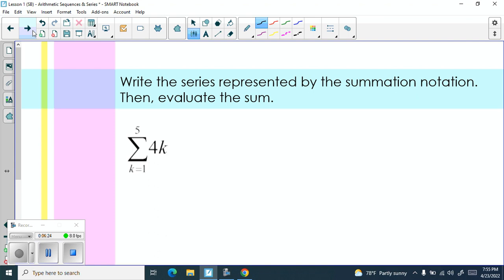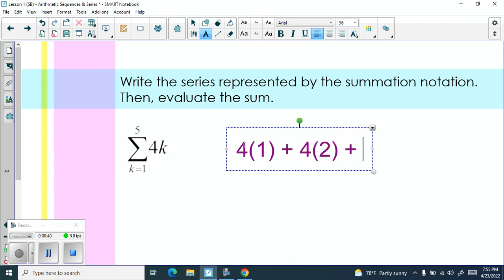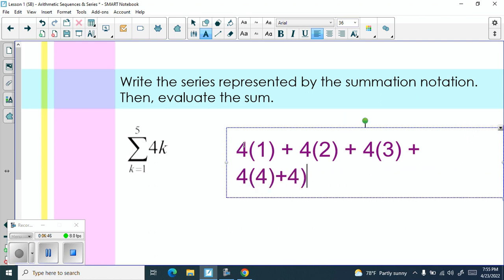All right, so now we want to write this series out by summation notation and then evaluate. So I'm going to go back to typing now. For this one, we're starting with 1, so 4 times 1 plus 4 times 2 plus 4 times 3 plus 4 times 4 and plus 4 times 5.